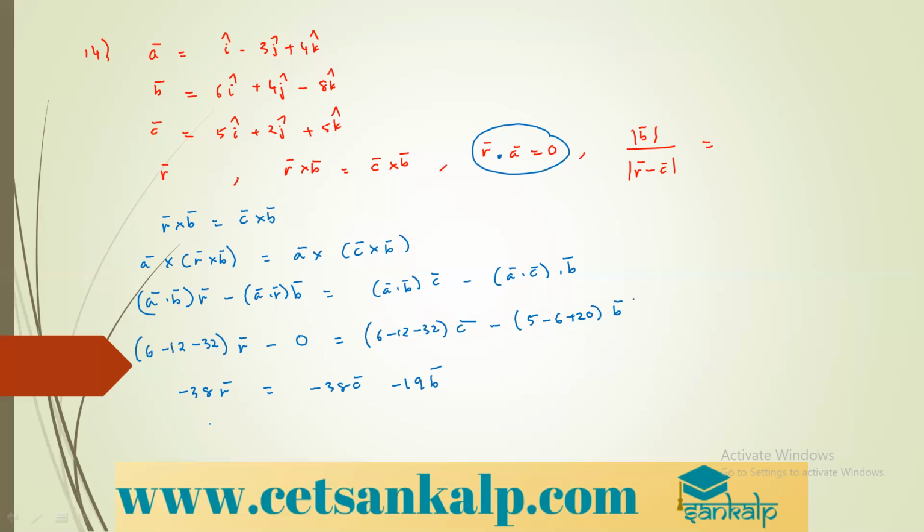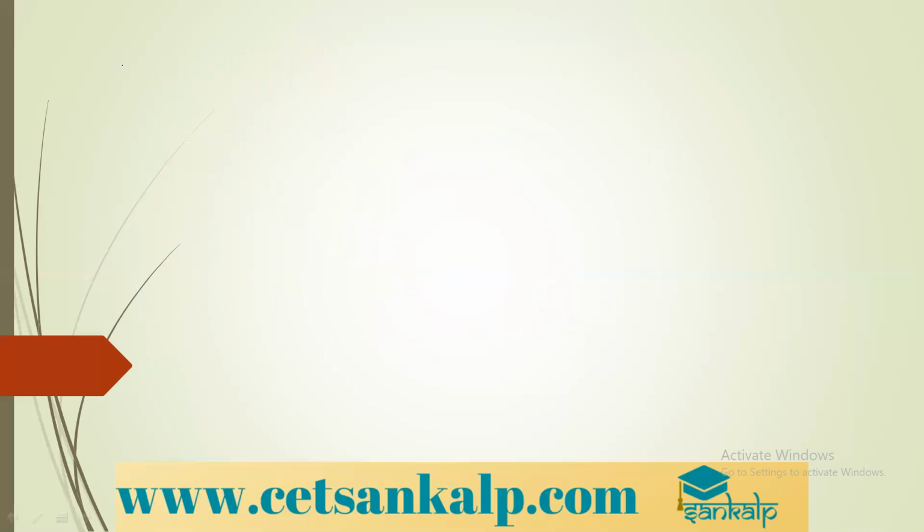If I take 38 common, I will have R minus C equal to 19B by 38... so the magnitude of B by the magnitude of R minus C will be equal to 38 by 19, that is 2, which is asked in the question.